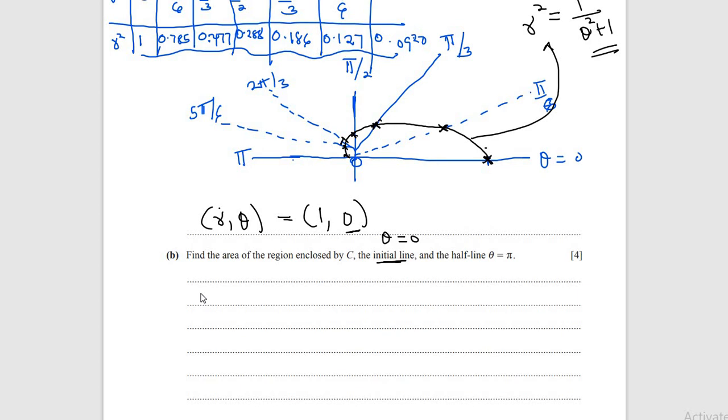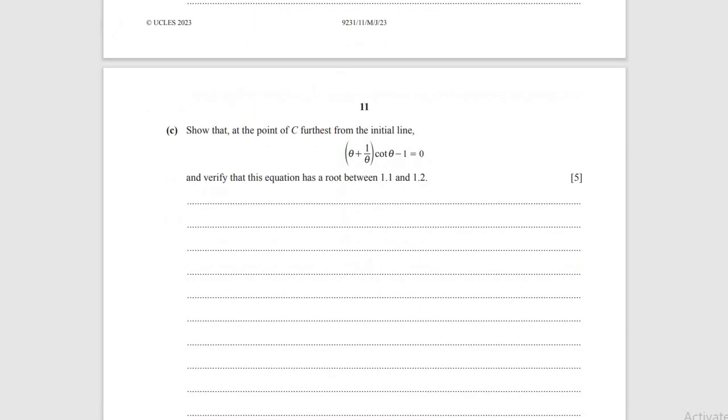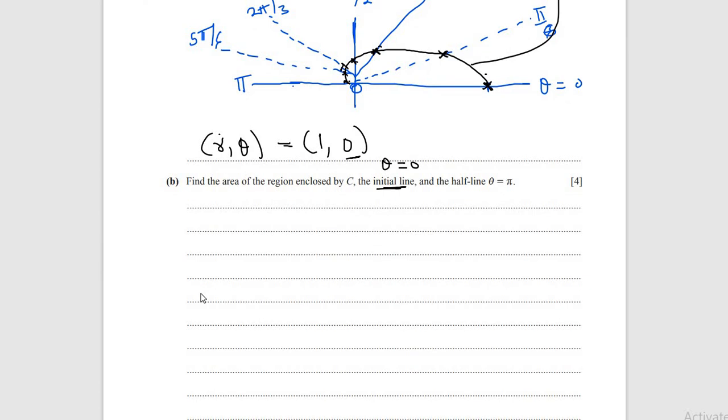So the area enclosed, you all know the formula for area is half integral r squared d theta. Theta is 0 to pi in this case. So it will be equal to half integral from 0 to pi of r squared, and r squared is 1 over theta squared plus 1, d theta.